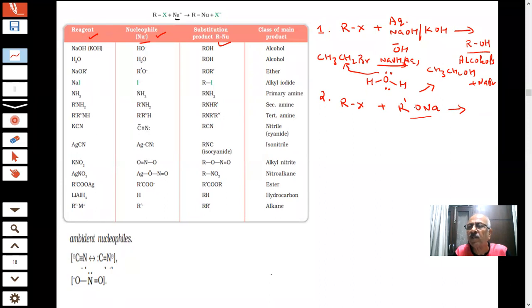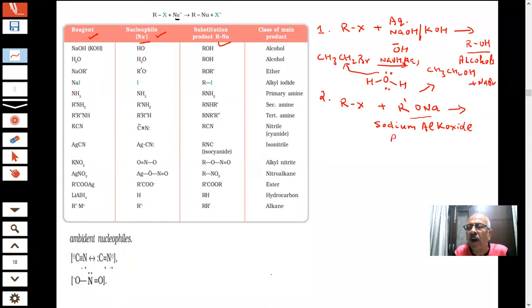What is the name of this R' ONa? This is our sodium alkoxide.